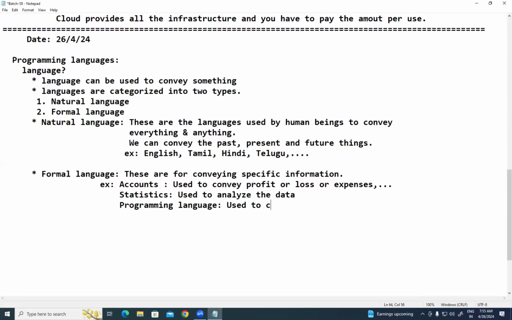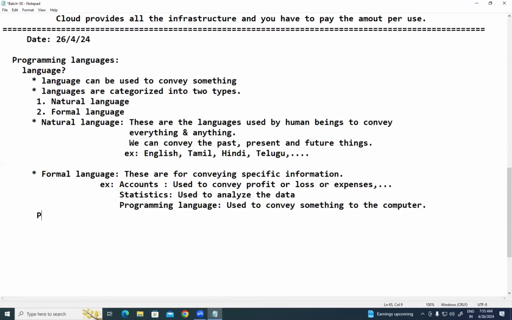So it is used to convey something to the computer. Do you guys agree with me? Am I right or not? Folks, now you have to understand, this is where we are coming in.